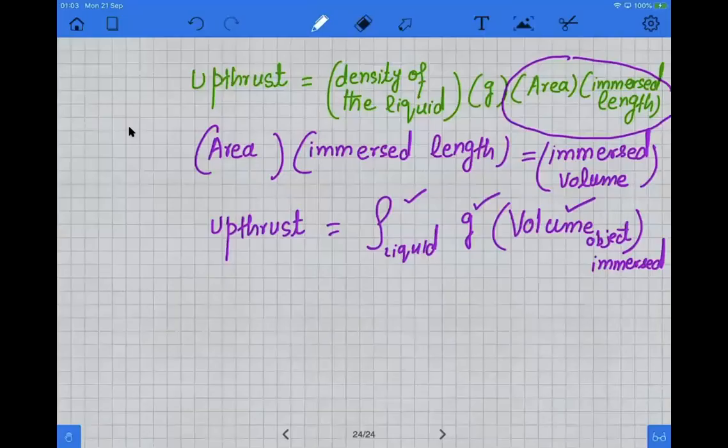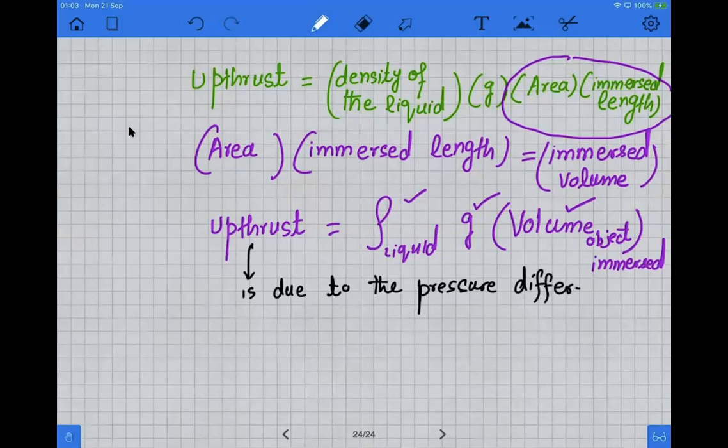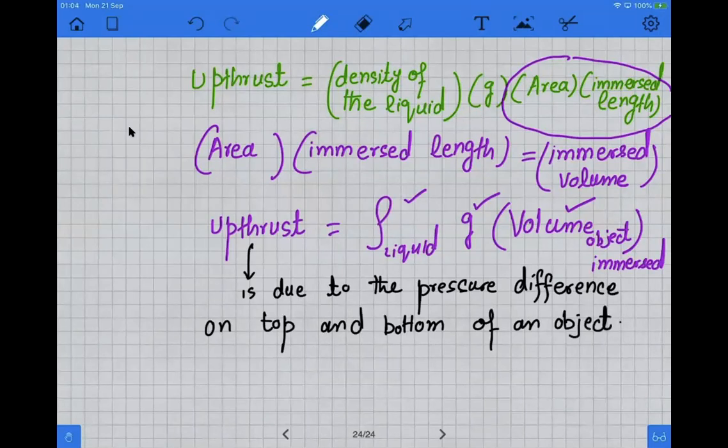And one thing that you should know: upthrust is due to the pressure difference. This pressure difference exists in fluids, which are gases and liquids, and it is the pressure difference on top and bottom of an object.